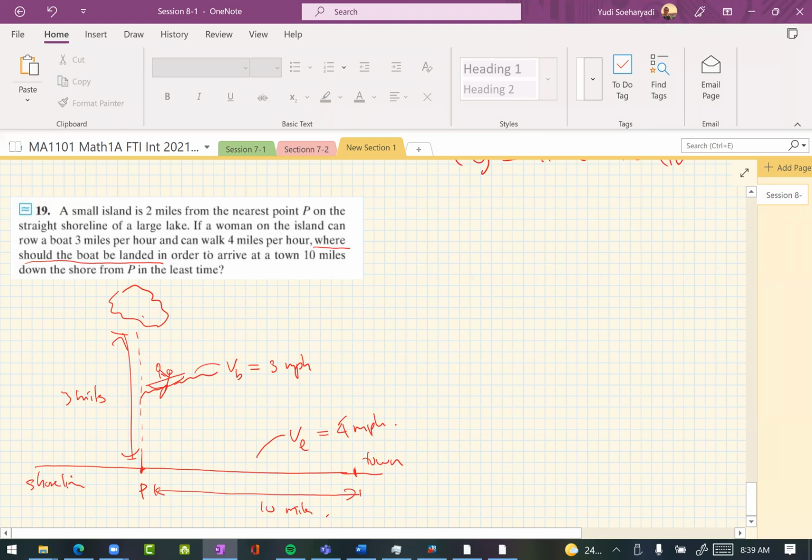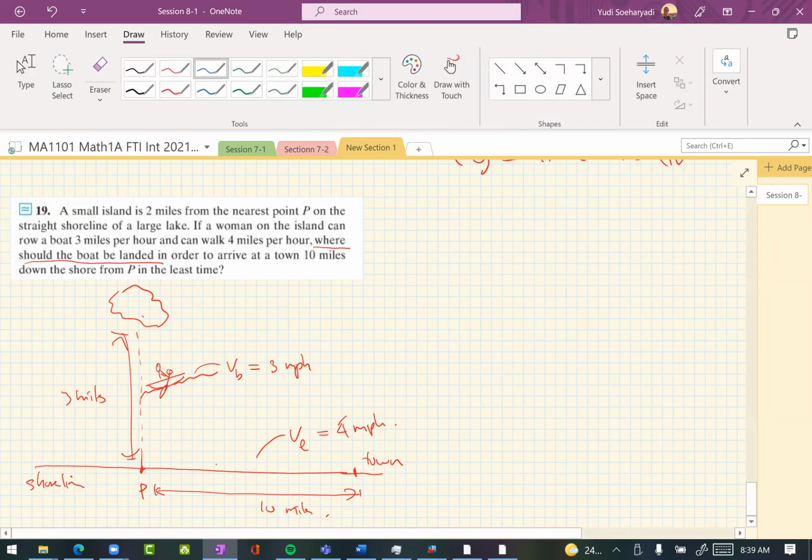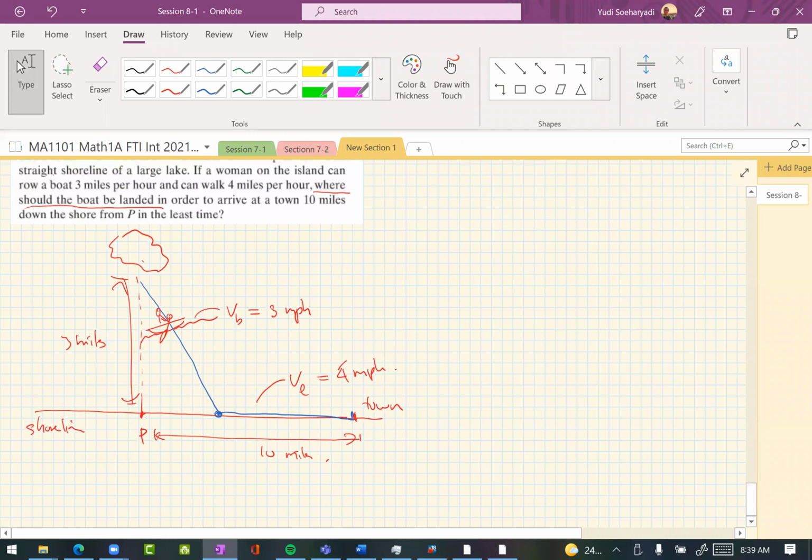So the thing here is to find some point here so that... That's the question. So the problem should look like this one here.